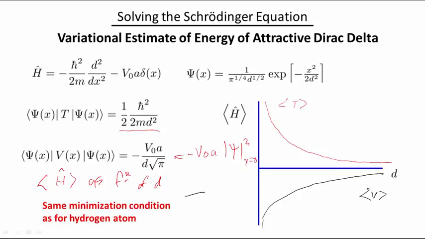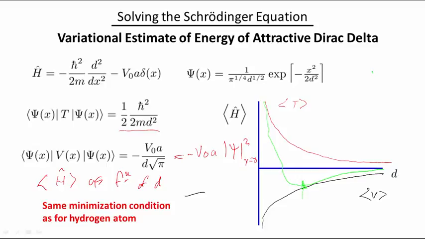So now let's look at the sum of the two. It's positive at short distances, but then it has to become negative at long distances, so it turns over. This defines a point of minimum.